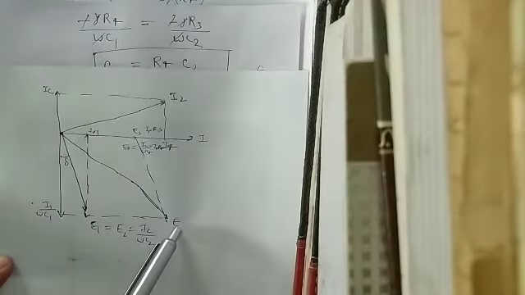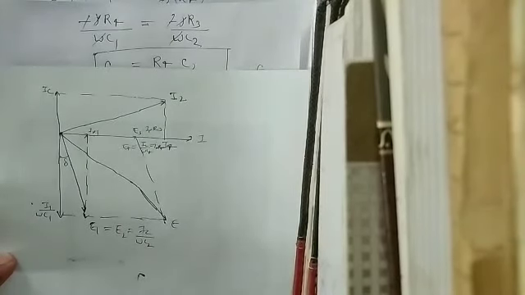Now we can see the value of E3 and E4 is equal to I1 R3 equal to I4 R4, I upon omega C4, which is always in phase with current I because of the value of their resistance. Now we can find the resultant voltage E with the help of E3, E4 and E1, E2.